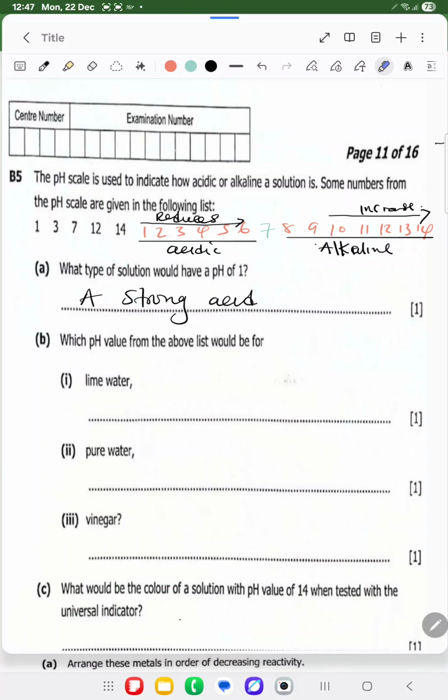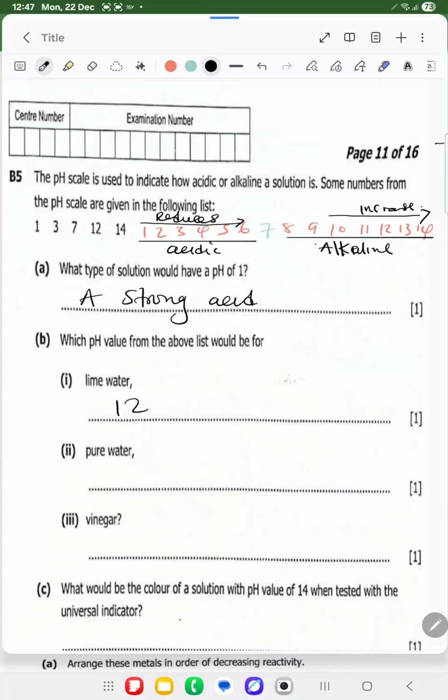Since the only numbers representing a base are 12 and 14, we are going to give it 12, because if we give it 14, we are saying that lime water is a very strong base, which cannot be the case. So we put 12 there.